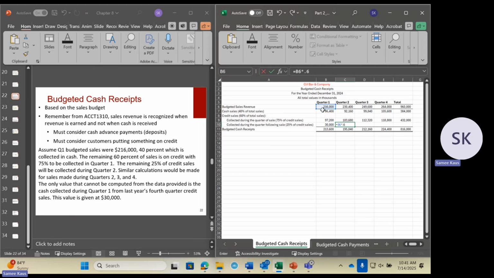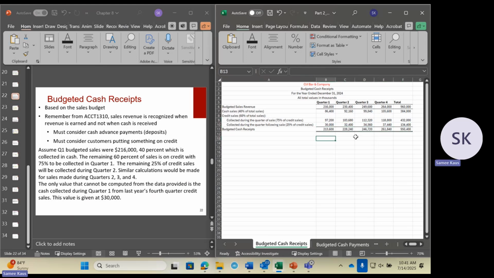So I have that 60% that was in credit. And how much am I collecting the quarter after the sale? The remaining 25%. Okay, so now I can pull that all the way through. And I am going to add a sum here. So this allows me to calculate my budgeted cash receipts.